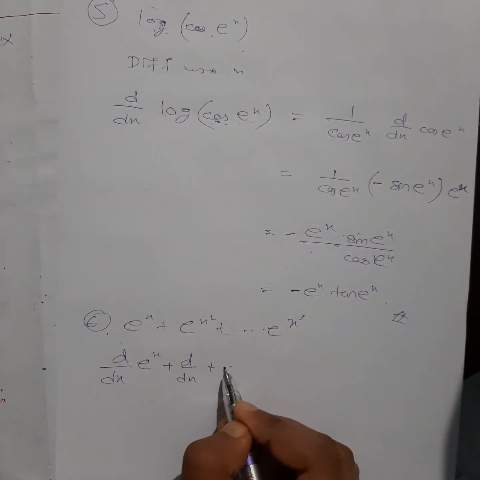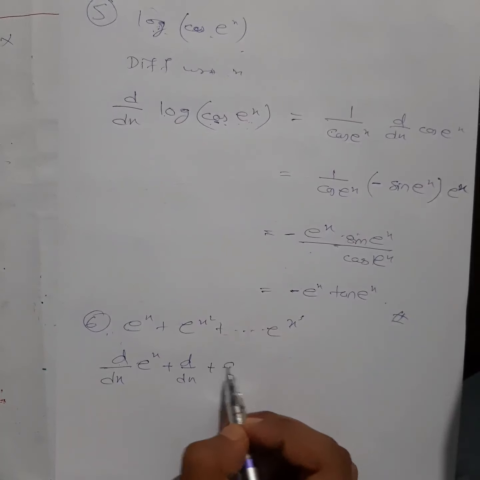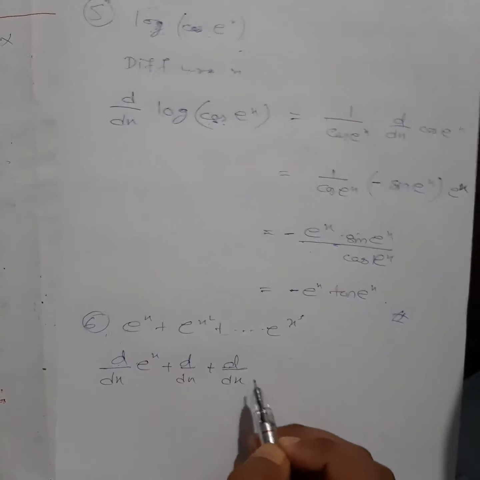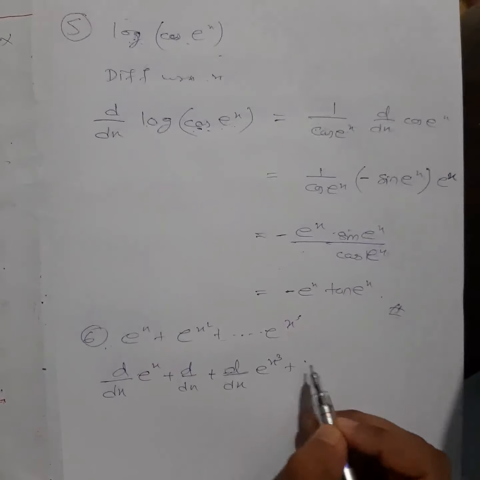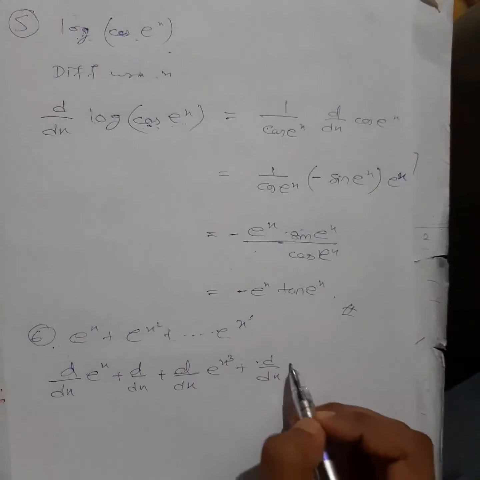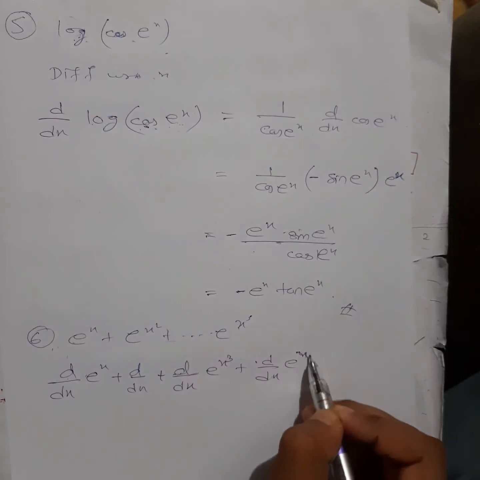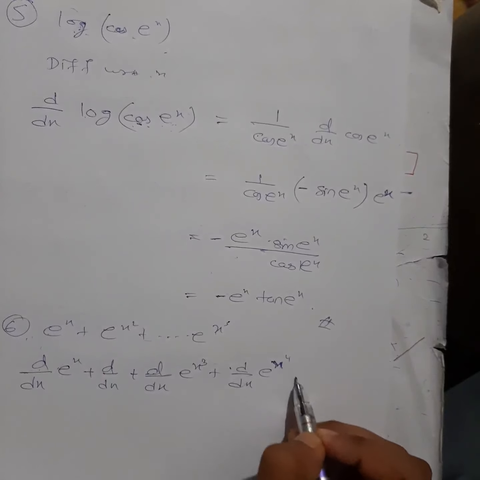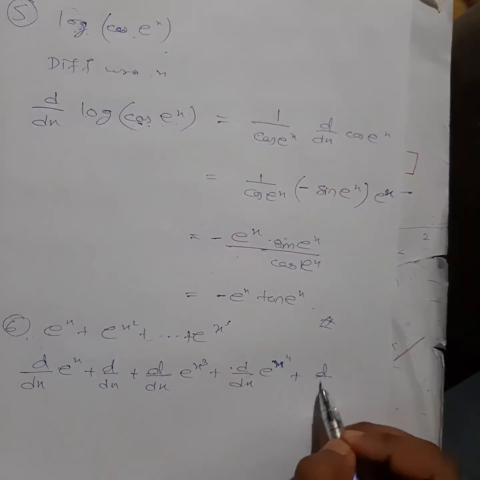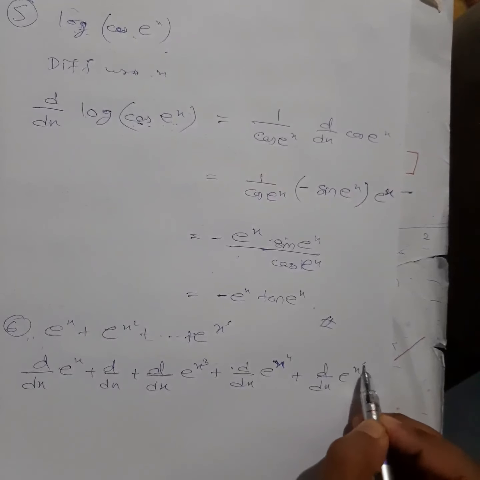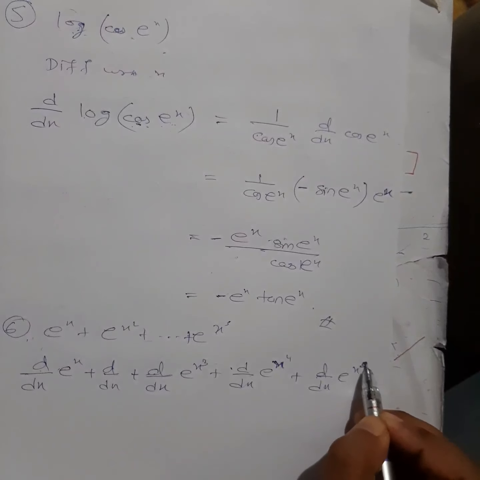I'm writing it directly. So very few terms will be there, right? So let me write down all the terms here. Next, what will come? e to the power x cube plus d/dx of e to the power x to the power 4 plus this one, right? This is the last term, d/dx of e to the power x to the power 5.